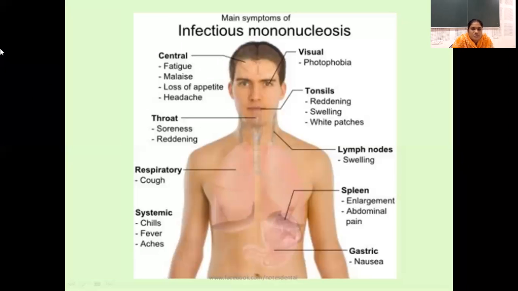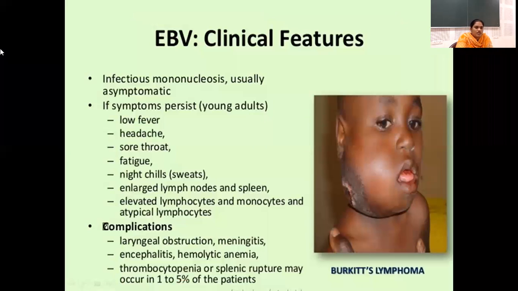Lymphadenopathy can be present, spleen enlargement, abdominal pain, and nausea are the other features. Usually it is asymptomatic. If the symptoms persist in young adults: low fever, sore throat, fatigue, night chills, severely enlarged spleen and lymph nodes, elevated lymphocytes, monocytes, and atypical lymphocytes.